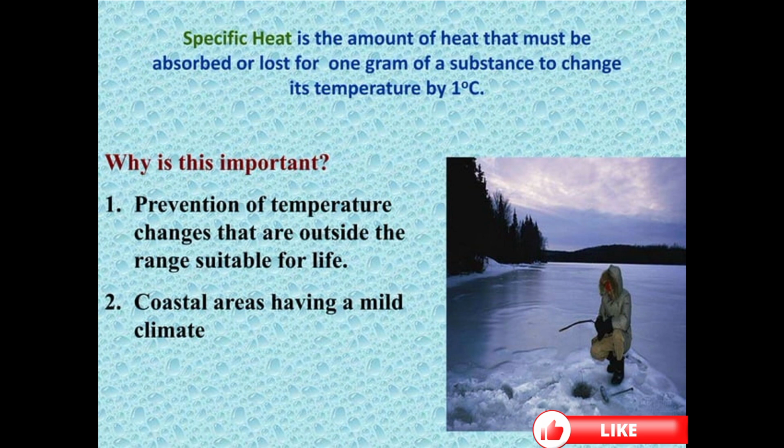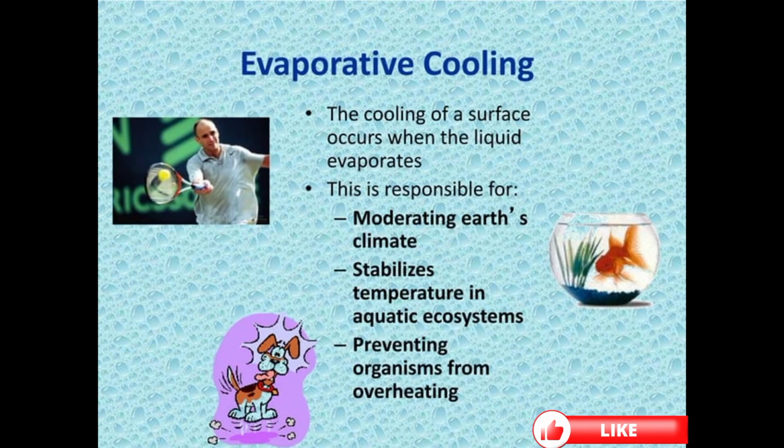Why is this important? It prevents temperature changes that are outside the range suitable for life, and coastal areas have a mild climate. Evaporative cooling: the cooling of a surface occurs when the liquid evaporates. This is responsible for moderating Earth's climate, stabilizing temperature in aquatic ecosystems, and preventing organisms from overheating.